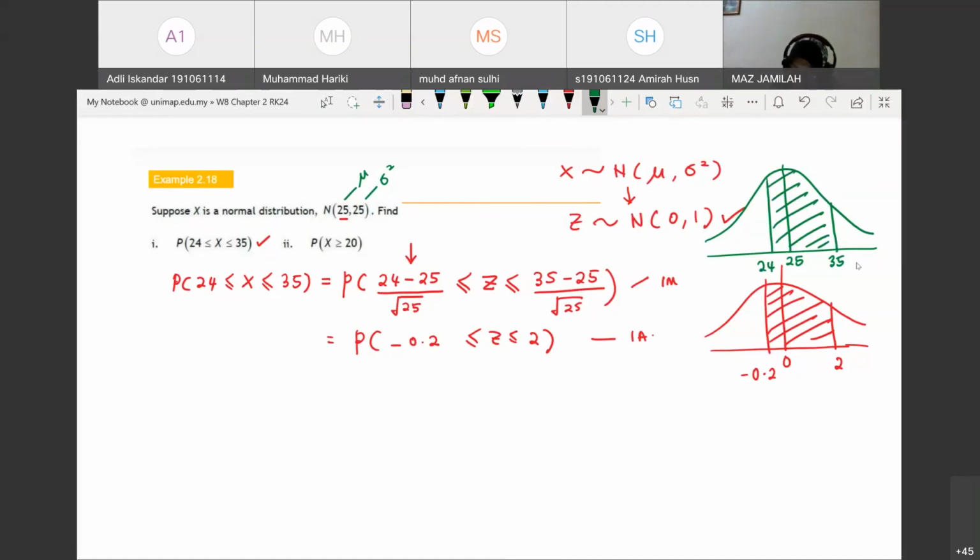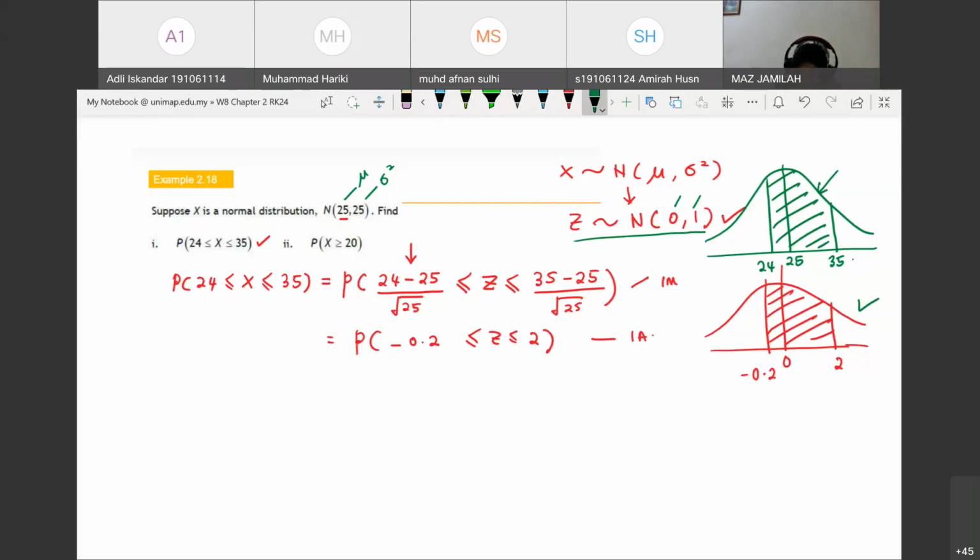If we were to use the normal probability distribution, you are going to need various normal probability distributions. But if we approximate them into the standard normal probability distribution with mean 0 and variance 1, everything would be easier. So that's why it will be this way.